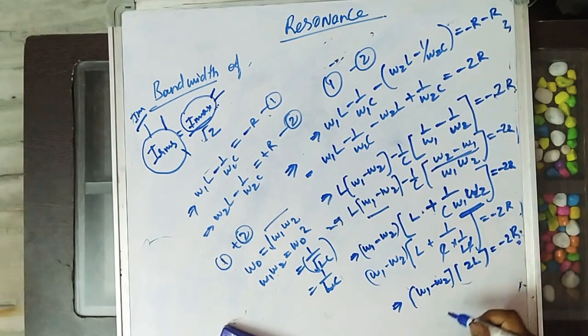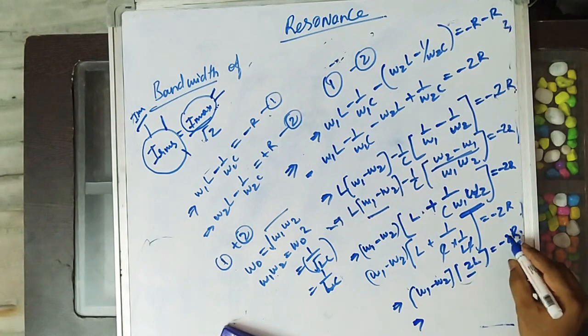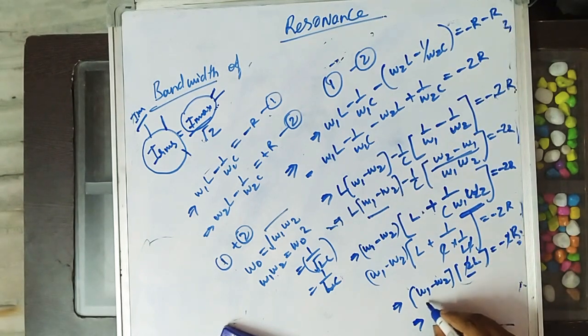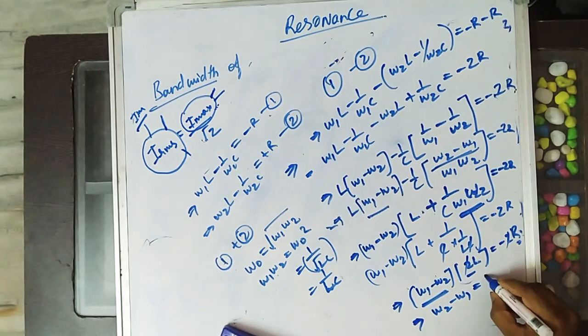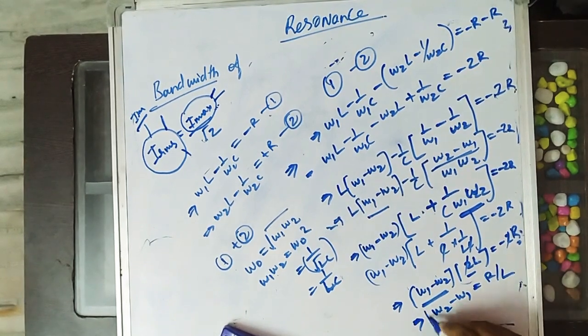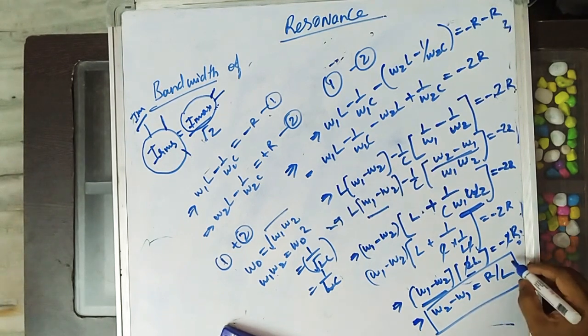So by this we get, if you cancel the 2, then what is the bandwidth we need? Omega 2 minus omega 1, which will become R by L. So this is the relation for the bandwidth of an RLC series circuit. The bandwidth is omega 2 minus omega 1, so the bandwidth in terms of RLC components is R by L. This is in radians per second.